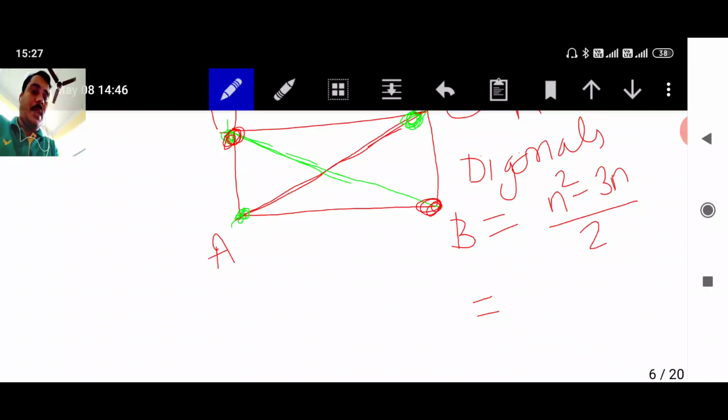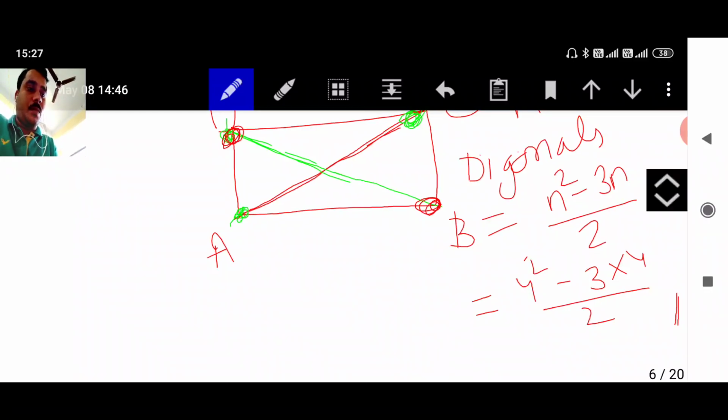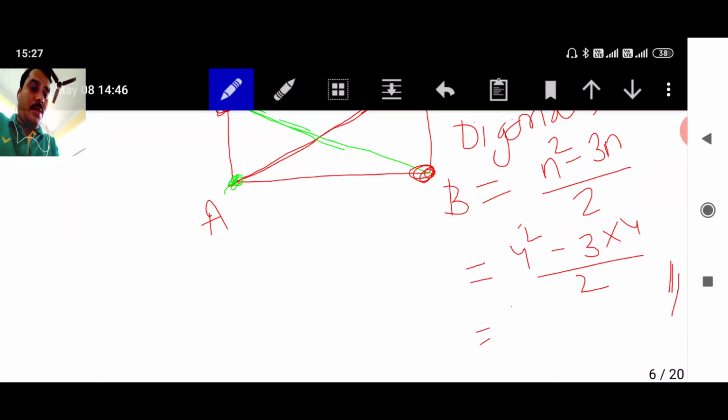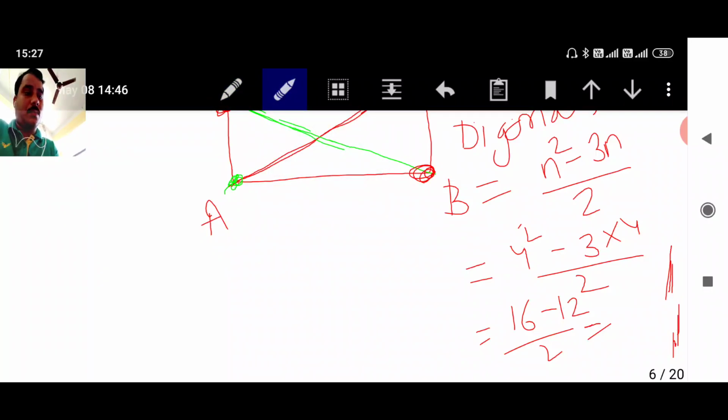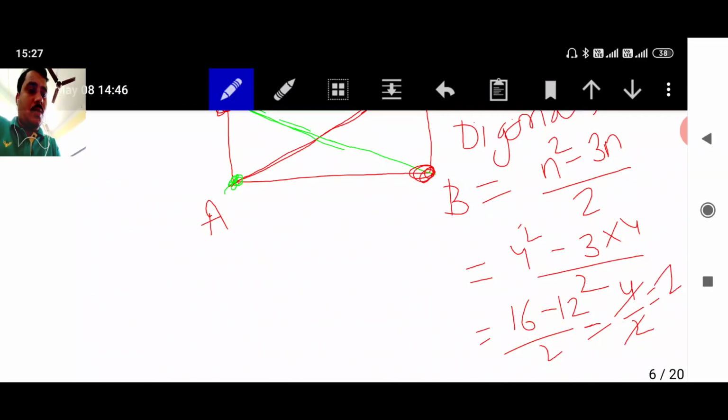You can get here diagonals equal to, what is the value of n? 4. 4 square minus 3 into 4, by 2, okay, equal to 16 minus 12 by 2, that is 16 minus 12, 4 by 2, meaning there are 2 diagonals.